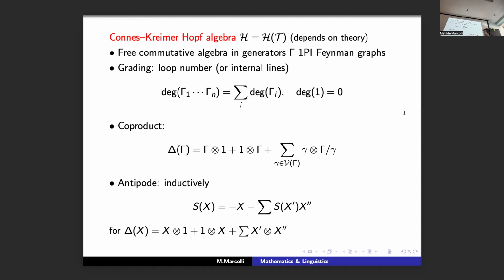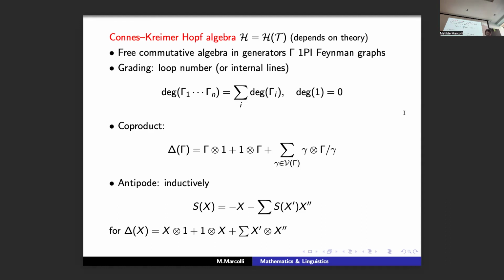This does satisfy the co-associativity property, and the product is just the disjoint union of graphs, which gives you all the graphs with multiple connected components starting from the connected ones. So the product is again just a disjoint union, as in the case of trees that we were looking at, and the coproduct extracts substructures and takes quotient structures.